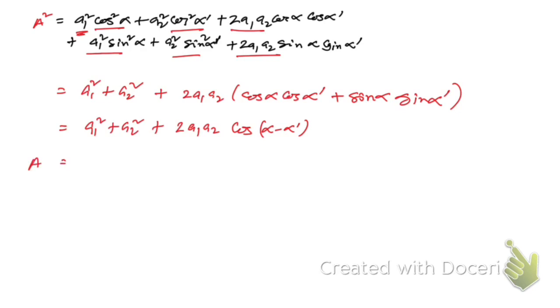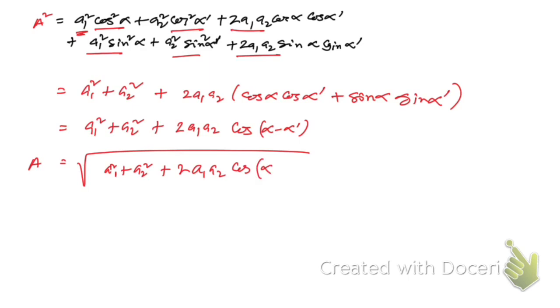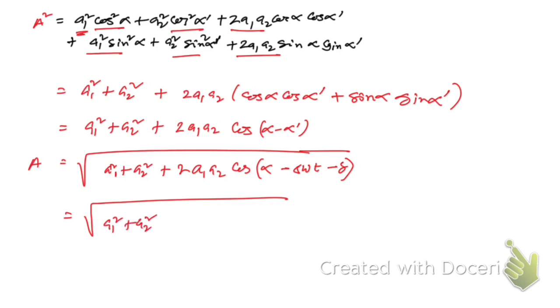So A will be equal to the square root of a1 square plus a2 square plus 2 a1 a2 cos alpha, and instead of alpha minus alpha dash, what you can write is omega t plus delta, which is going to be again minus delta, right? That's what we can write. On taking the minus sign common, you can write a1 square plus a2 square plus 2 a1 a2, then cos of minus theta is cos theta.